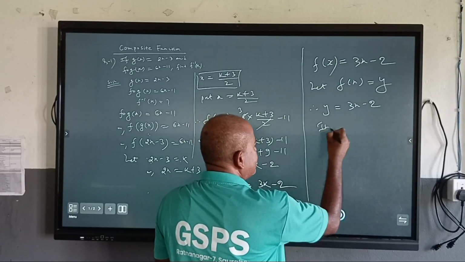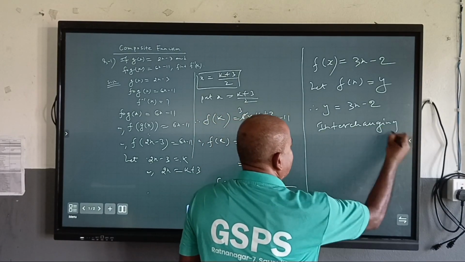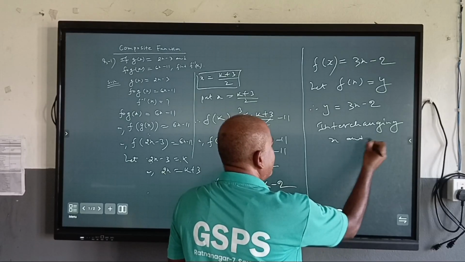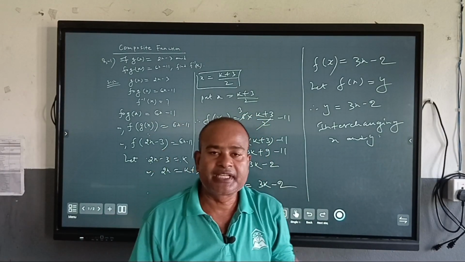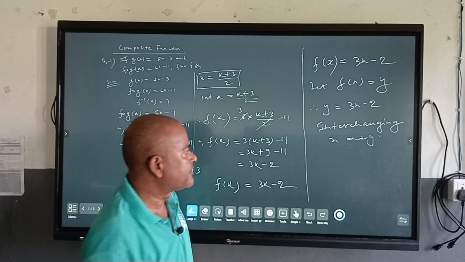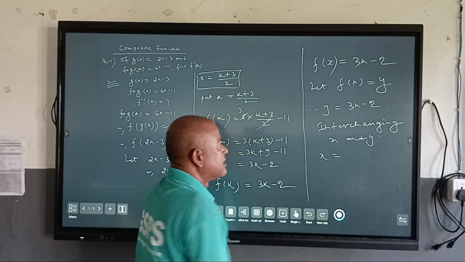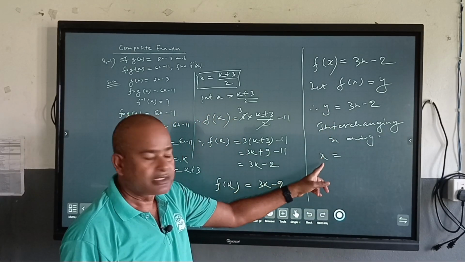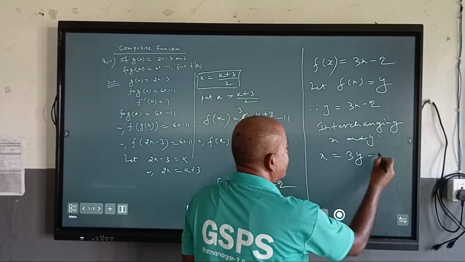So dear students, the function which is obtained by interchanging x and y is known as the inverse function. So we interchange x and y, replacing y by x and x by y.